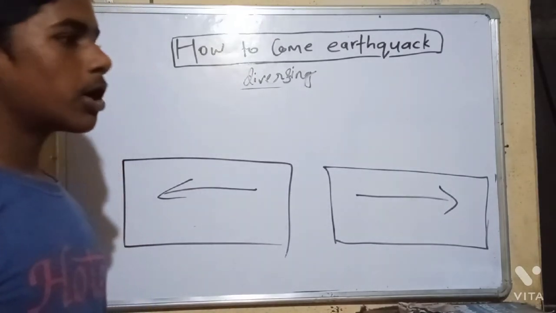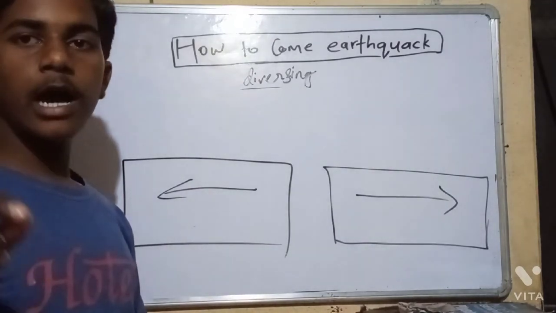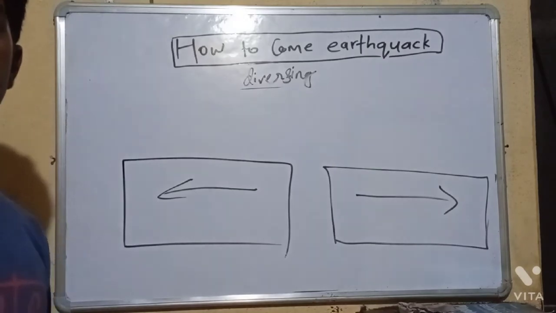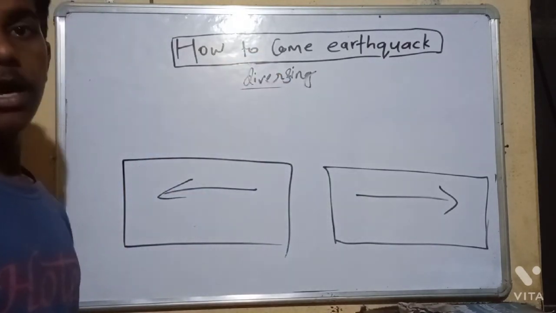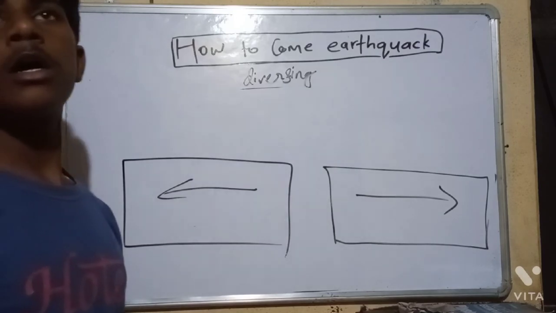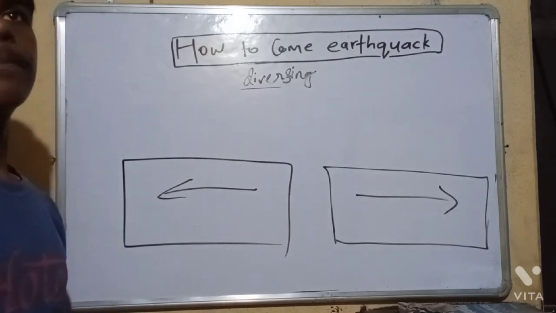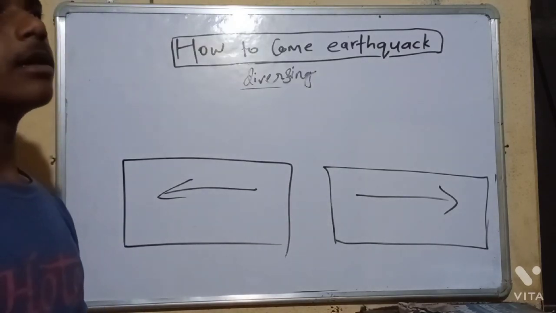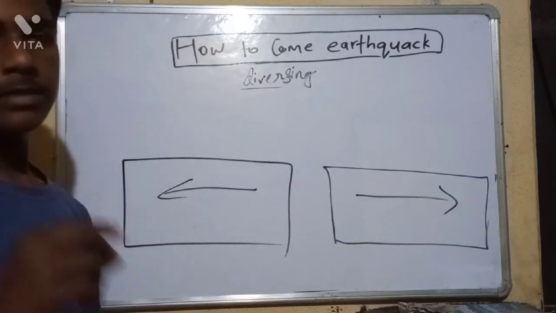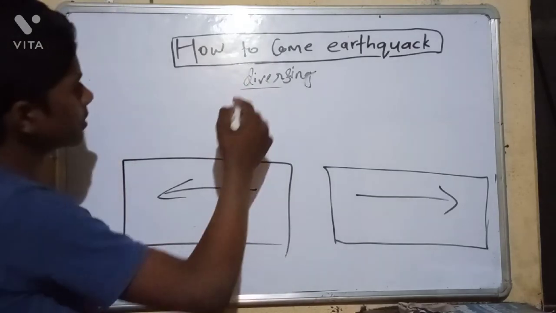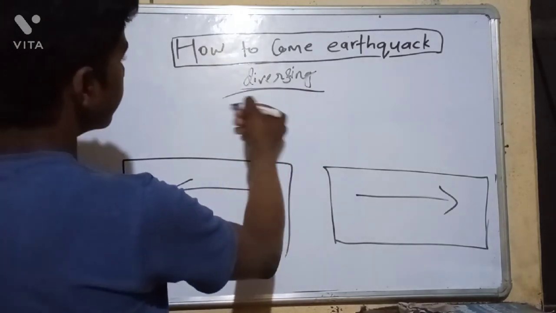Earthquakes cause more harm in seismic zones. Nepal, Sikkim, Arunachal Pradesh, and Jammu and Kashmir lie in the seismic zone. Now come to the topic of diverging.